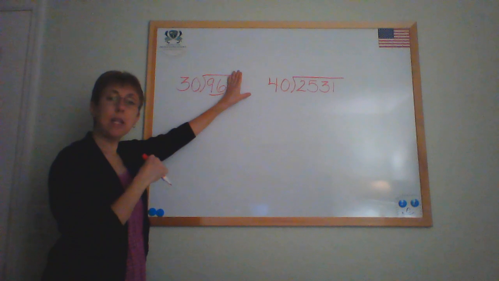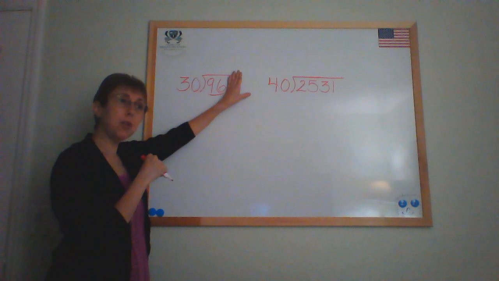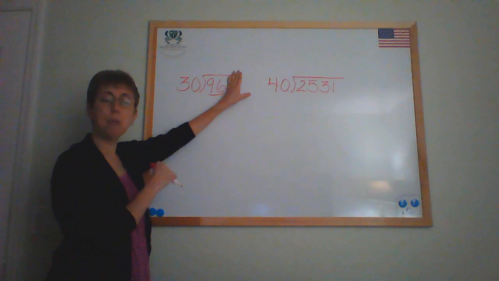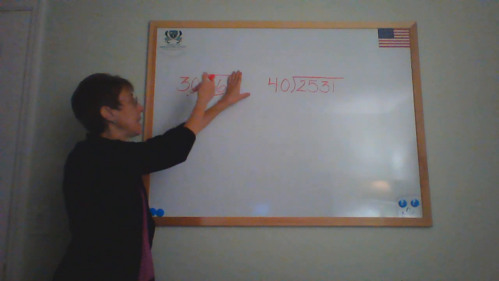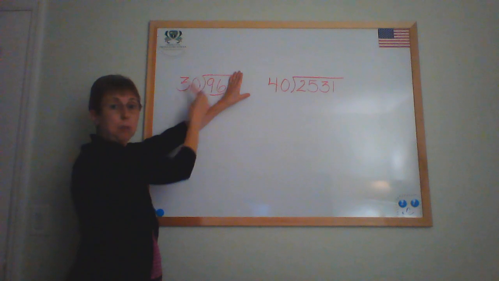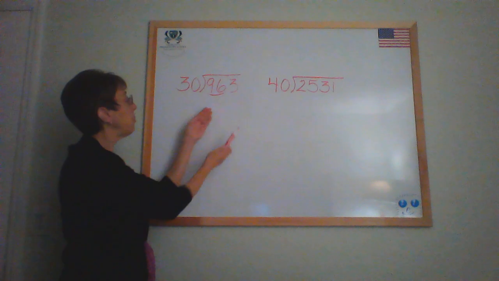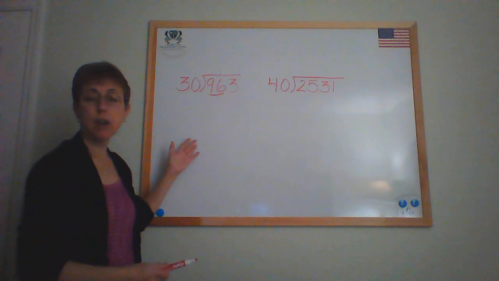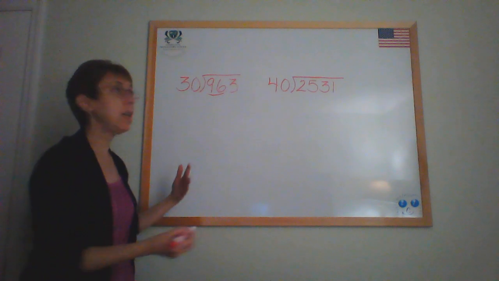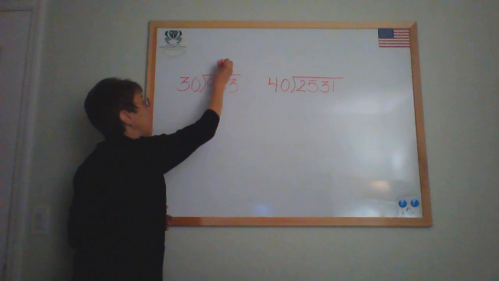But then we need to break it down even further because we need to think back to our basic multiplication facts to see what we're going to multiply the 30 by. So when we break it down to the basic fact, our basic fact is 9 divided by 3, or 3 times 3 equals 9.